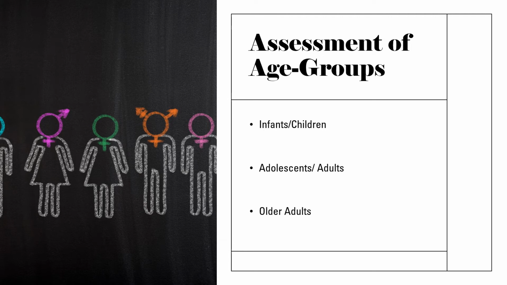We make sure that we don't stereotype older adults and their level of consciousness. Not all older adults have cognitive impairment. But we need to be aware that the older a person gets, there is a potential for that patient to lose some cognitive function. And so we need to recognize those things and be able to adapt to them during the assessment.